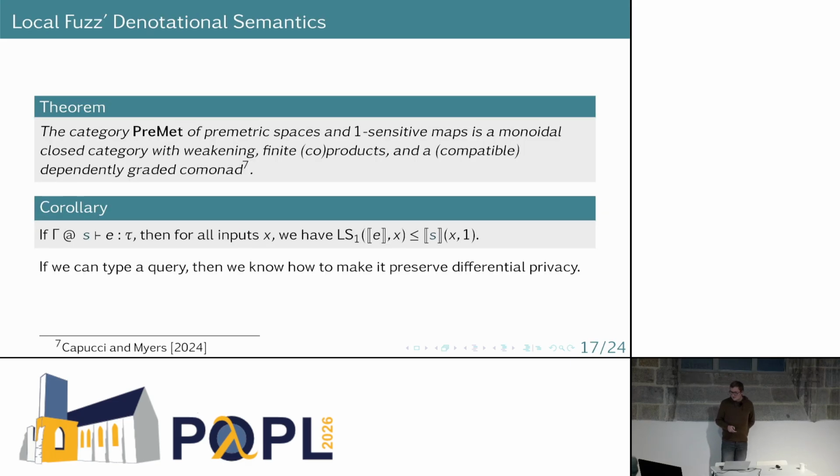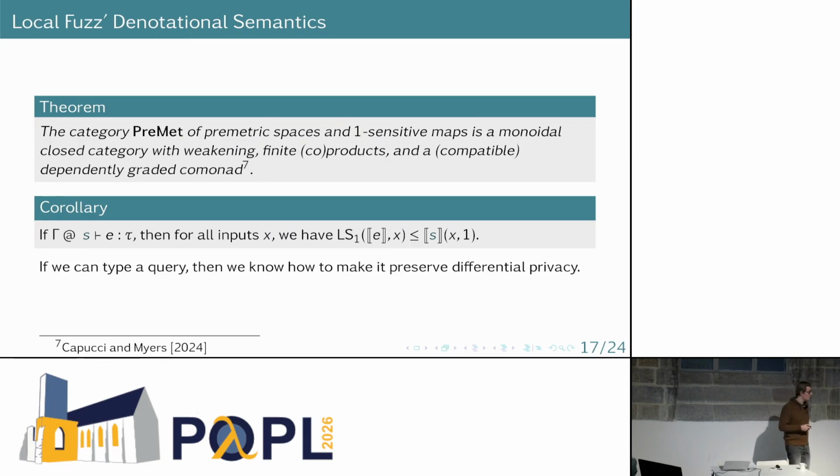Okay, so let's talk a bit about the semantics. The base is almost the same as in graded linear logic, meaning you have monoidal closed categories with your tensor, coproduct, and so on. And the novelty is to consider a dependently graded comonad.